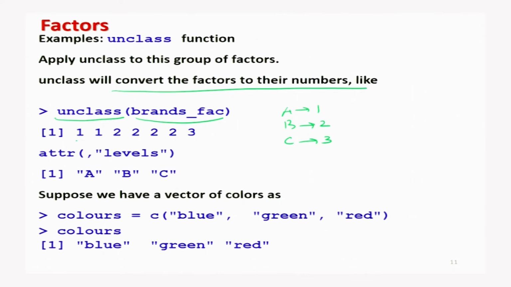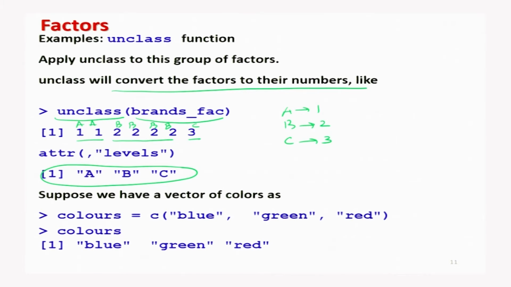You can see 1, 2, 2, 2, 2 and 3. So, this was actually A, B, B, B, B and here C. You can see the levels are still the same as ABC, but those values are converted into numbers.